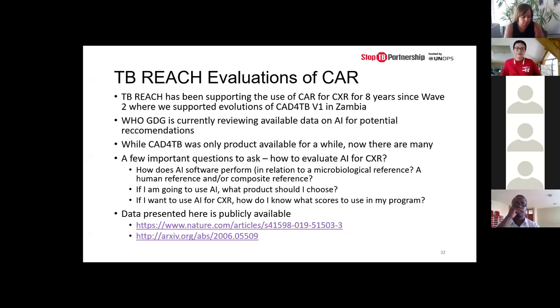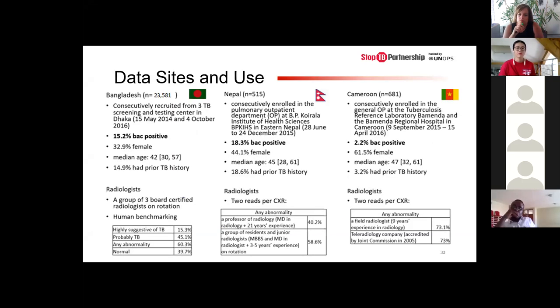The data that we present here is publicly available. You have the links there. We'll share the presentations around. The archive paper was published just recently. The data that were presented primarily comes from Bangladesh, 23,000 observations from Bangladesh, but data that was published late last year was coming from Nepal and Cameroon.